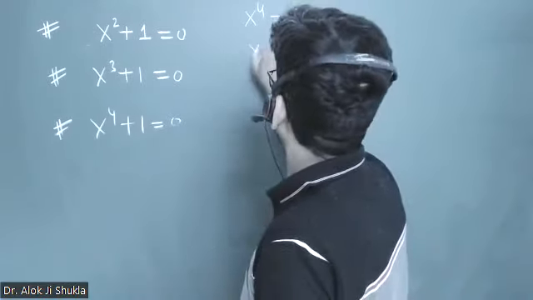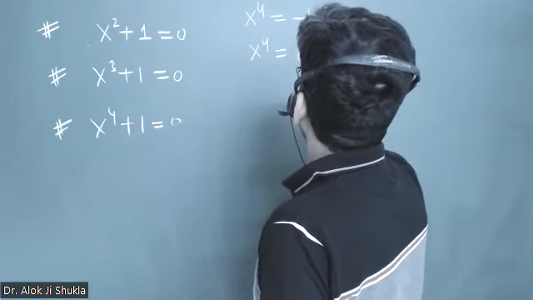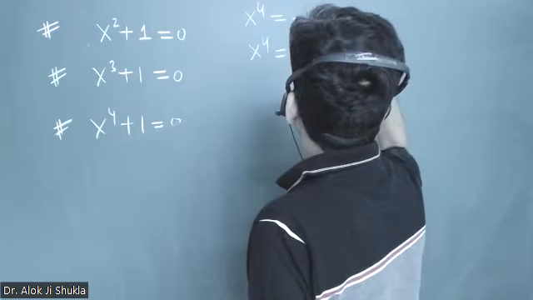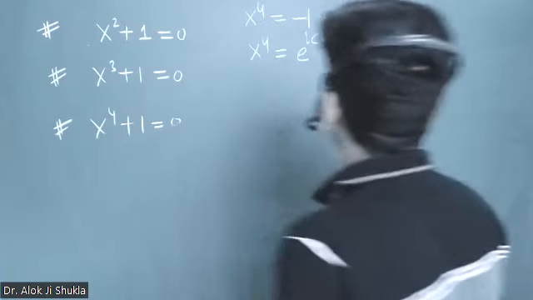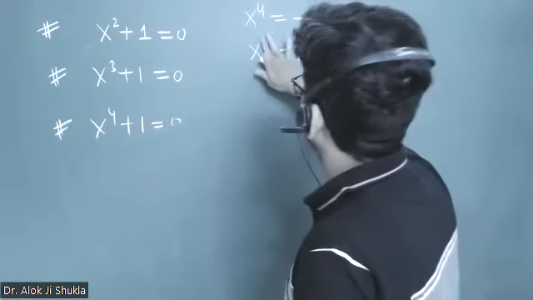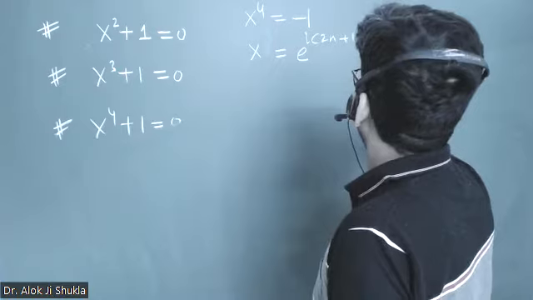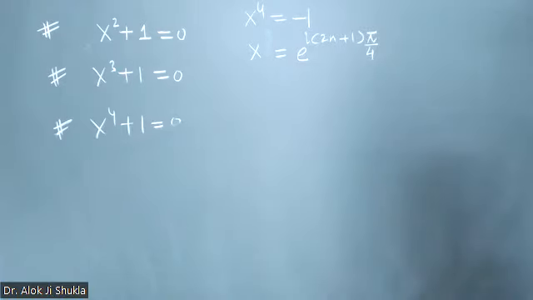This will become x to the power 4 is equal to e to the power iota 2n plus 1 pi. So x is, tell me, e to the power iota pi by 4.